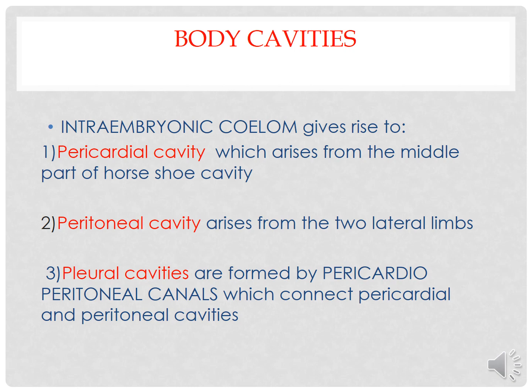Then the peritoneal cavity arises from the lateral limbs of the intraembryonic coelom, and the pleural cavities where our lungs are lodged are formed by pericardio-peritoneal canals which connect the pericardial cavity with the peritoneal cavity.